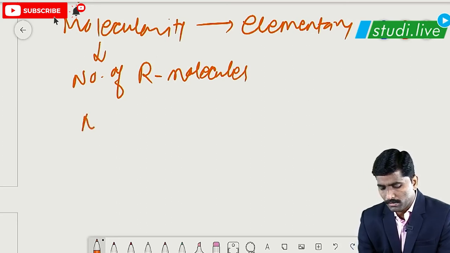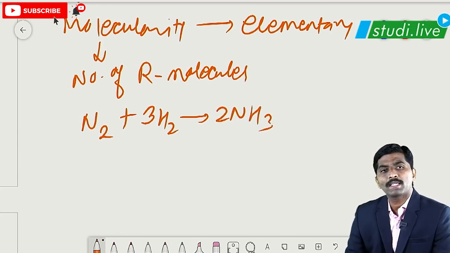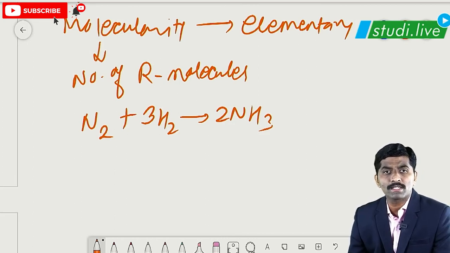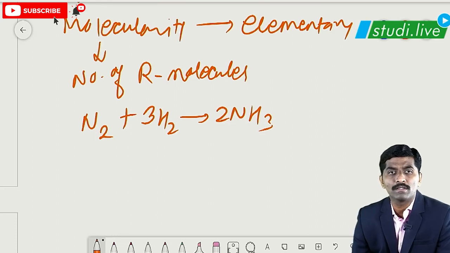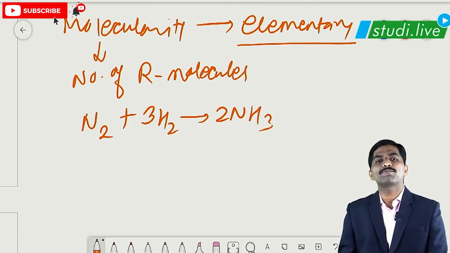For example, if I write N2 plus 3H2 giving 2NH3, I cannot simplify this reaction further, because if I simplify, I will have fractions in the balanced chemical reaction. And remember, an elementary reaction does not involve any fraction.